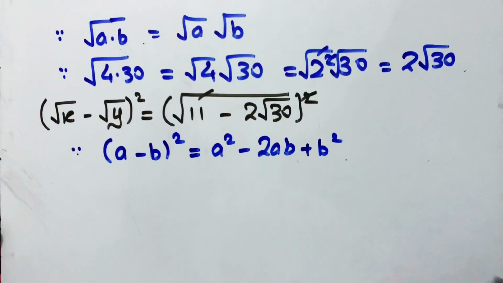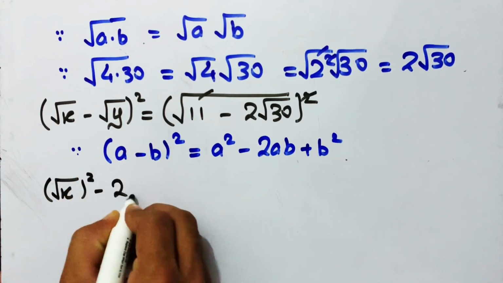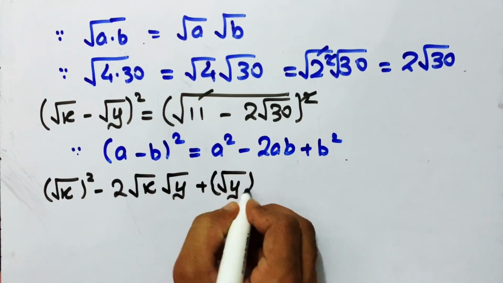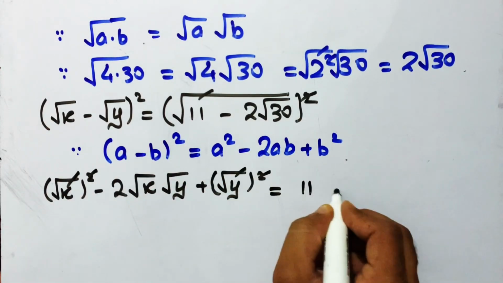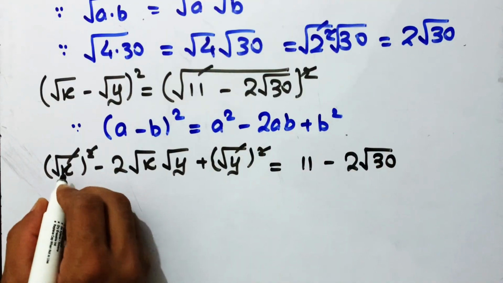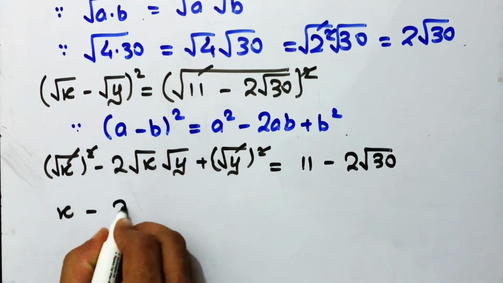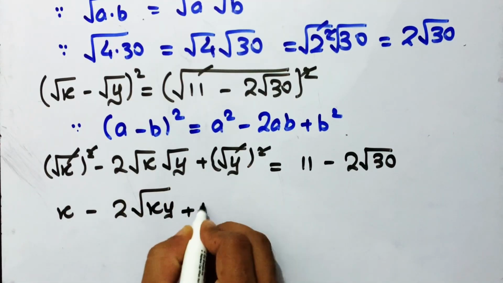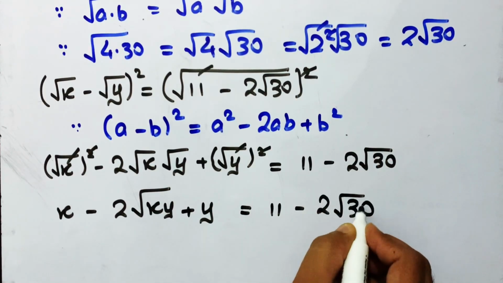So this means x minus 2 into square root of x and square root of y plus y is equal to 11 minus 2 square root of 30.